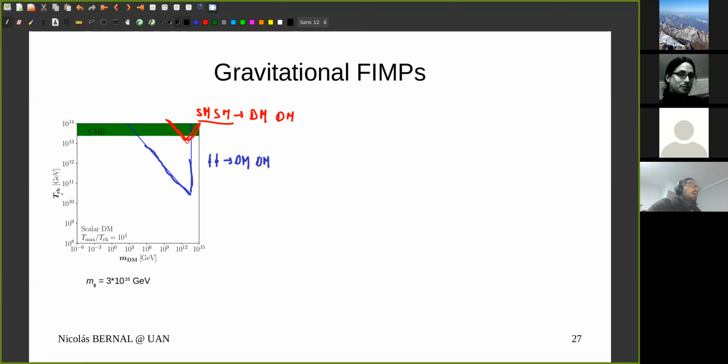Again, the reheating temperature as a function of the dark matter mass for a kind of random choice of the inflaton mass. I mean, well motivated, but still a kind of arbitrary value of the inflaton mass, which is 3 times 10 to the minus 16 GeV, as in the case of Starobinsky inflation. You can see that typically the annihilation of inflatons is dominant.